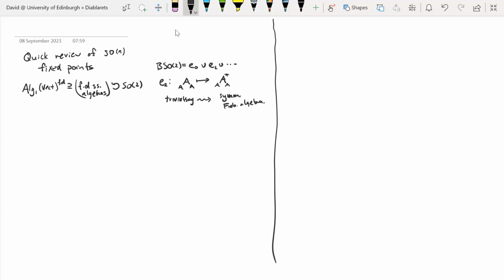We can look at alg 1 in categories, fully dualizable. We saw that those at least contain the fusion categories, and there's an SO2 action there. Well, in fact, let me be more precise.